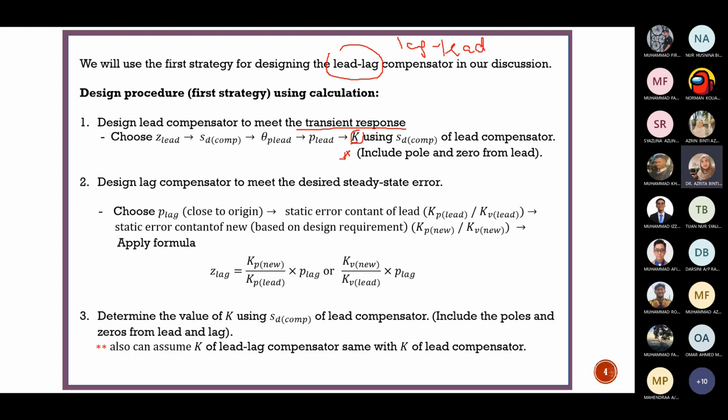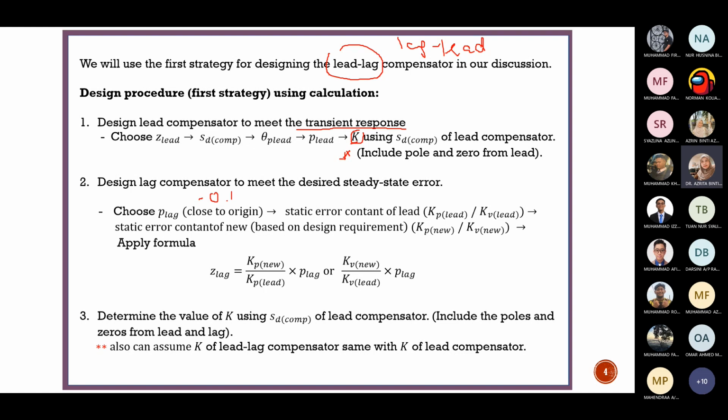After that, we will design the lag compensator to meet the desired steady state error. How to design the lag compensator? We will choose the lag pole. Basically, we will choose a coordinate close to the origin. Maybe you can choose minus 0.1 or minus 0.01, as long as it is close to the origin.